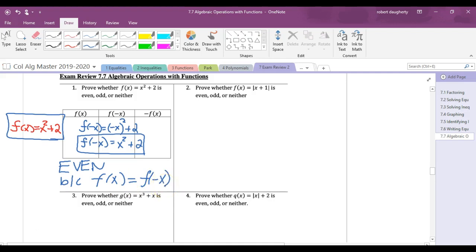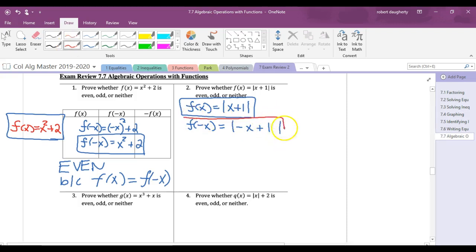Prove whether the next function is even, odd, or neither. So f of x is equal to square root of x plus 1. f of negative x is equal to square root of negative x plus 1. And then if I look at negative f of x, that just means stick a negative in front of everything on both sides of the equation.